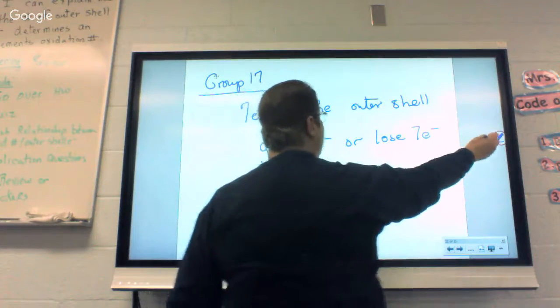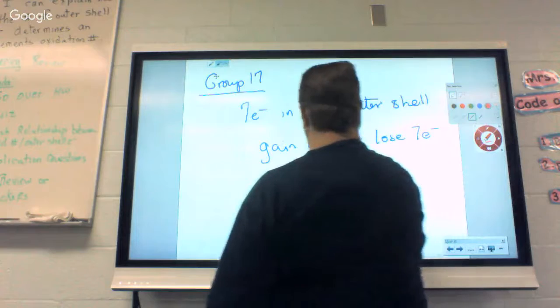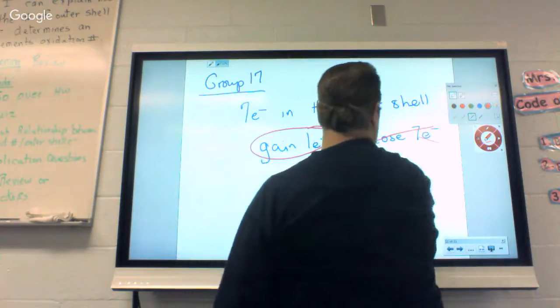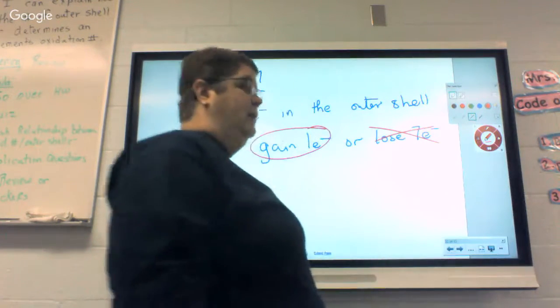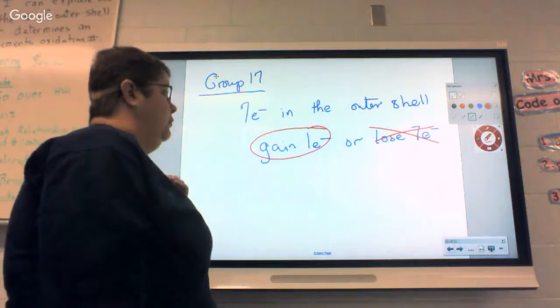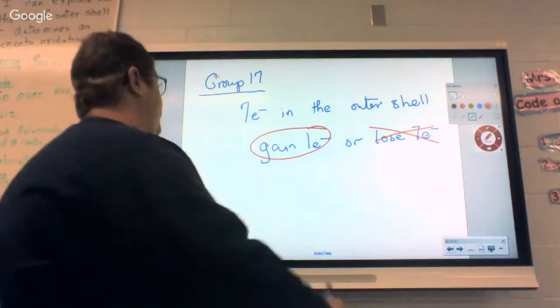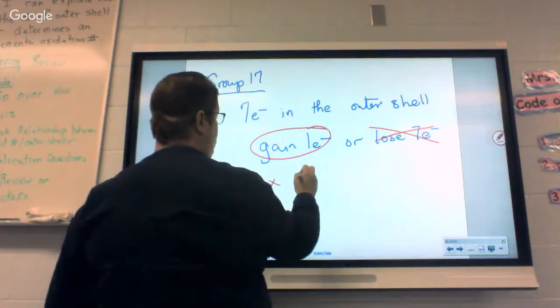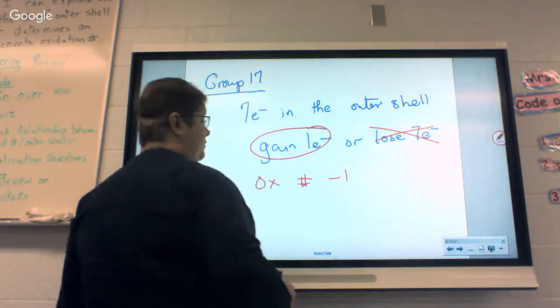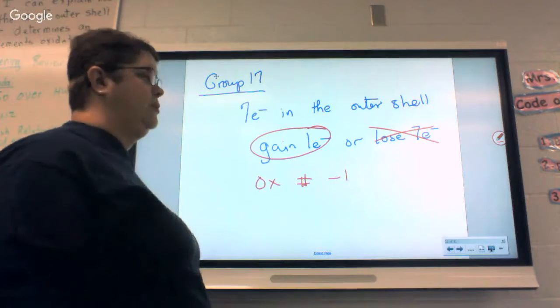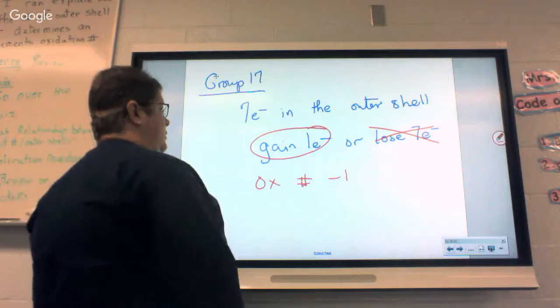Which one would be easier? That's right. We're not going to lose 7 if we're only 1 away from having 8. So what's the oxidation number going to be? The oxidation number is going to be -1.